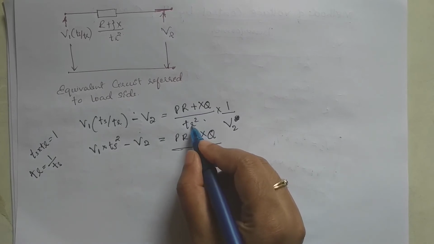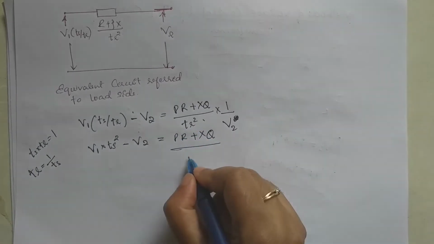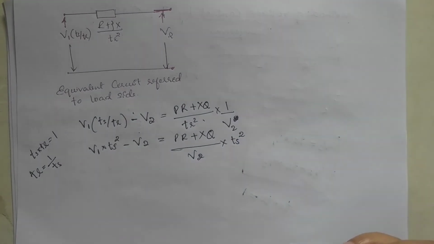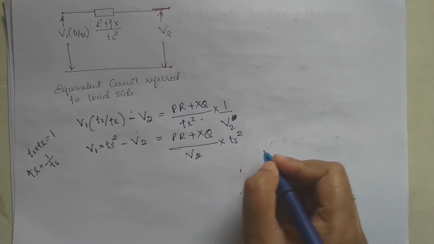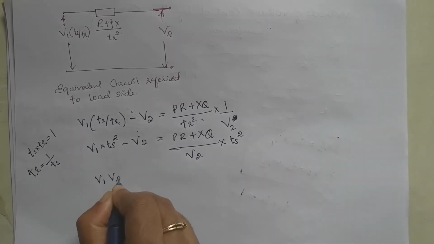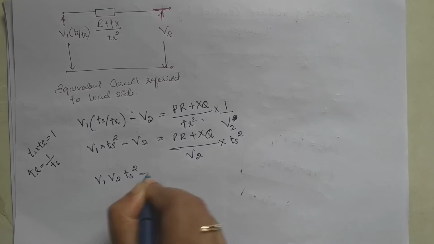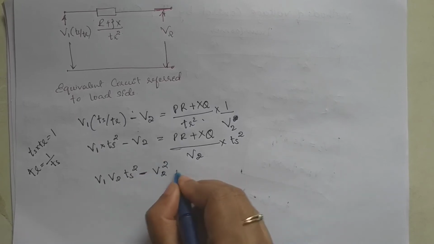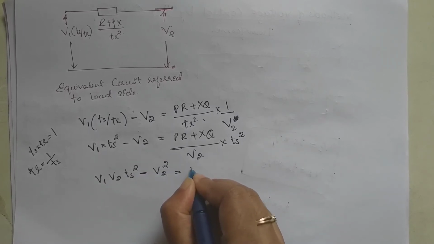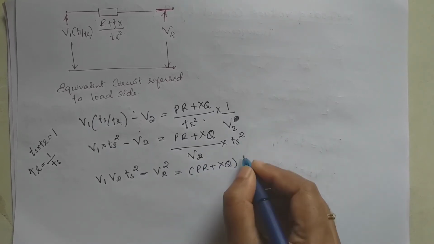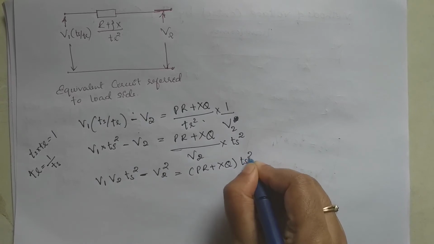This is equal to (RP plus XQ) divided by 1 divided by Tr square. Since Tr is equal to 1 divided by Ts, Ts goes to the numerator, so it becomes into Ts square. On rearranging, we get V1 V2 Ts square minus V2 square is equal to (RP plus XQ) into Ts square.